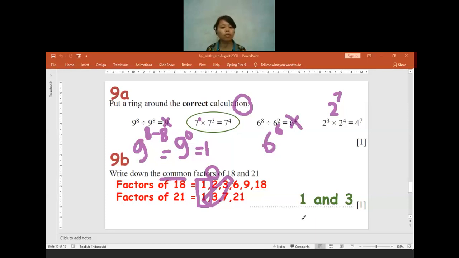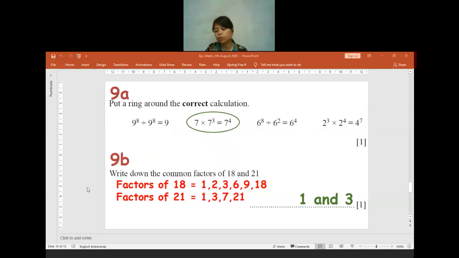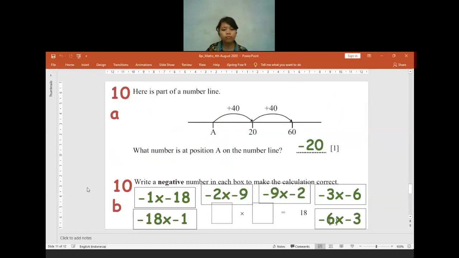Is there anyone who gets confused or still does not understand? Hello? Is there anyone who gets confused? No? Okay. If you have no confusion, I will move to question 10. For question 10, we already have the number line. We have to find the value of A. If we go to the right, we will add 40.